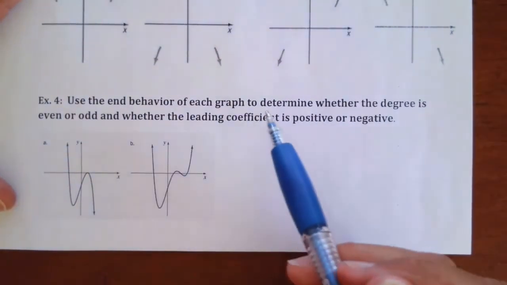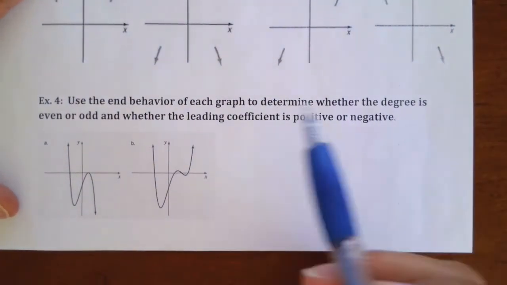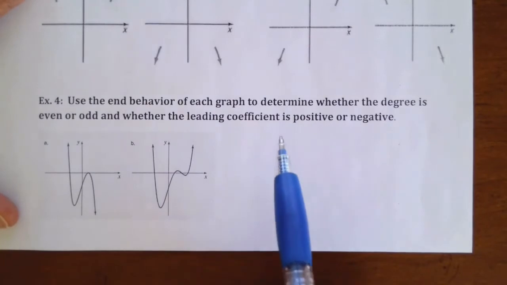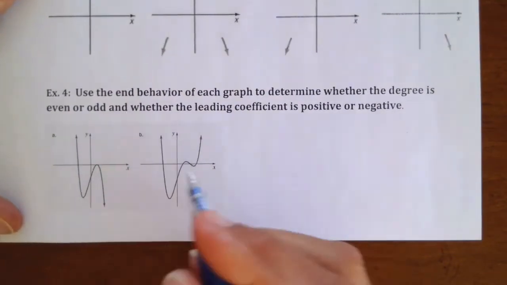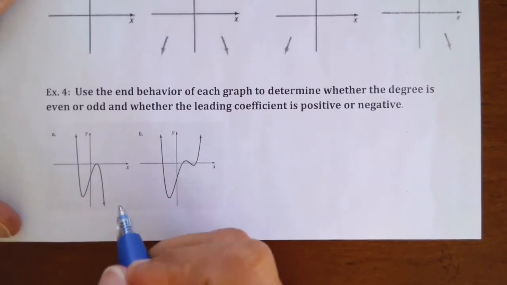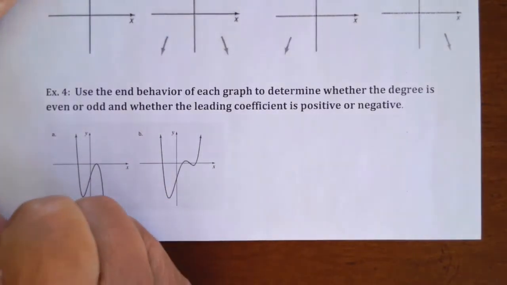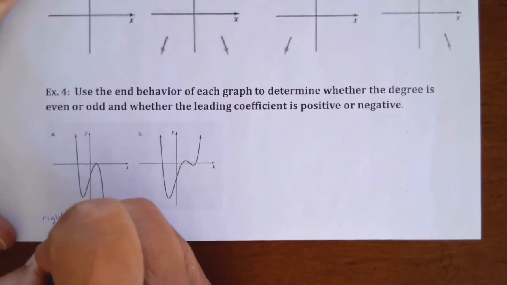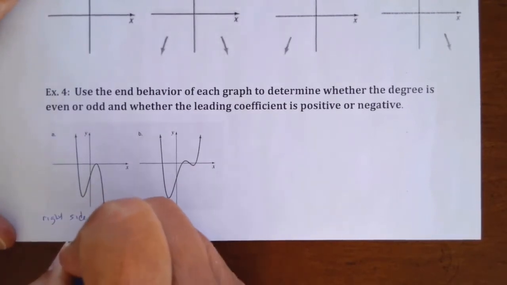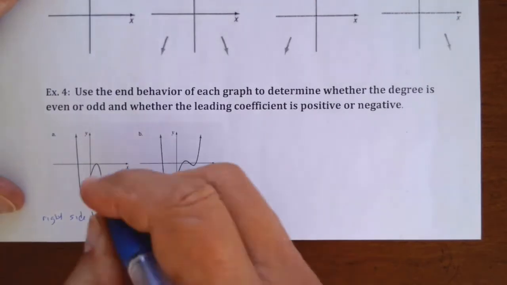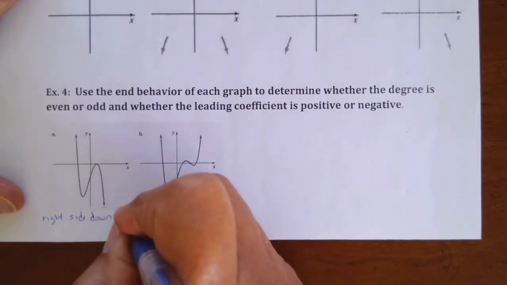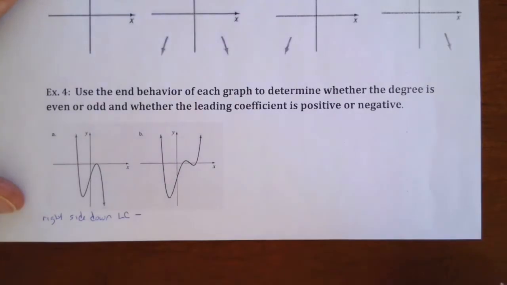Use the end behavior of this graph to determine whether the degree is even or odd and whether the leading coefficient is positive or negative. All right, so remember, I always look at the right side first. So in this problem, since the right side is down, right side's going down towards negative infinity, then that means the leading coefficient is negative. Okay?